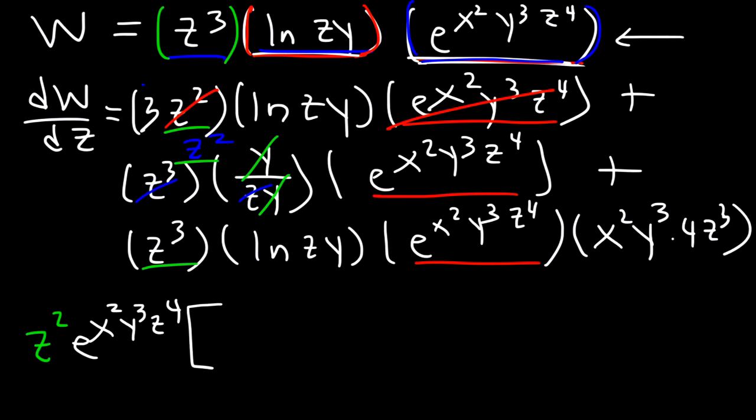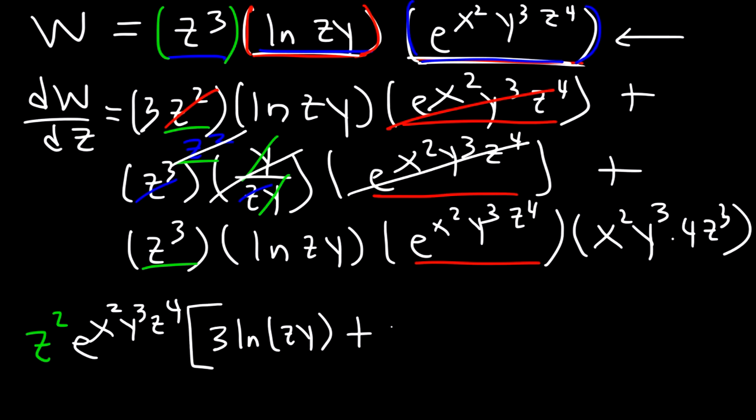So we're left over with 3 times ln zy. In the second term, we took out this, all of that is gone, and we took out all of the z squared. So there's nothing left in the second term, so we could just put a 1. For the last term, we took this out.